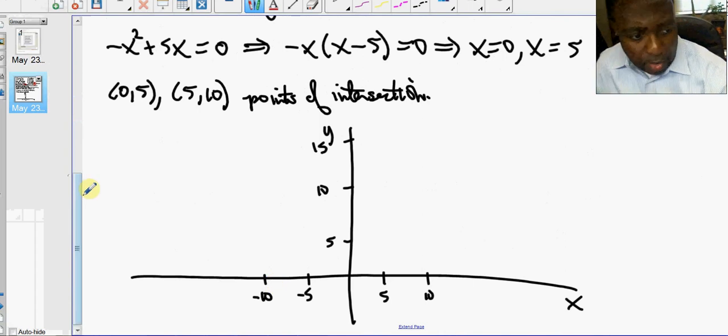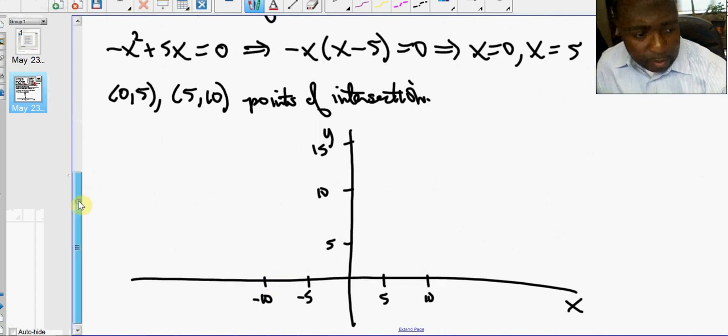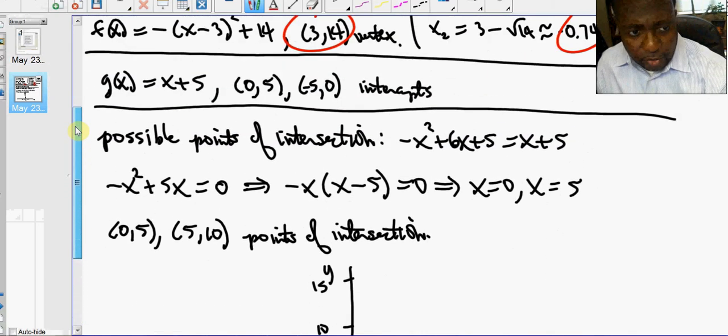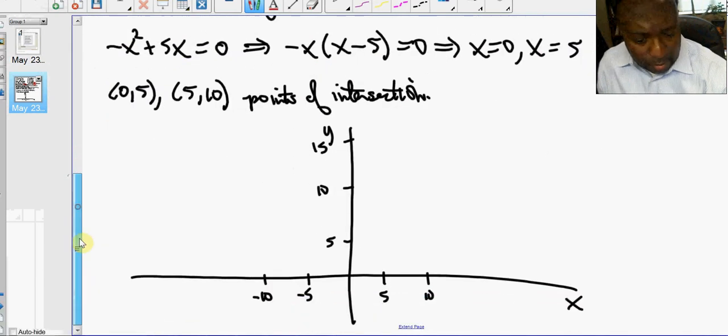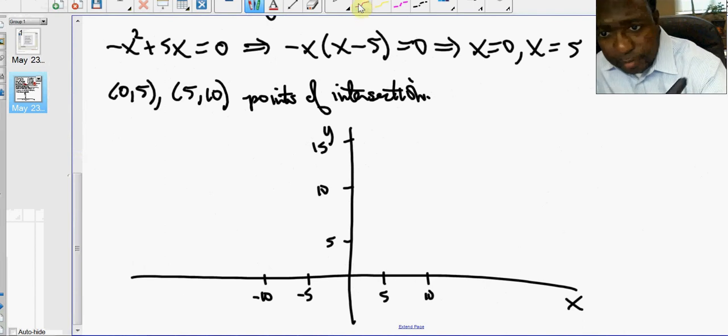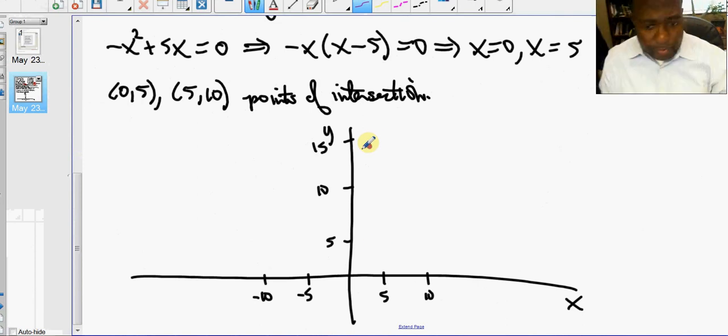So if we take that parabola, it had a vertex of 3, 14. Do that in purple. So 3, 14. Say that's the top value, and then it has an intercept.